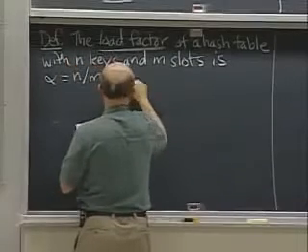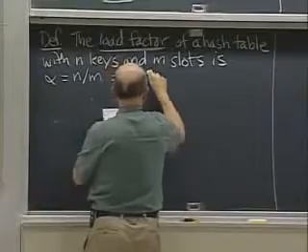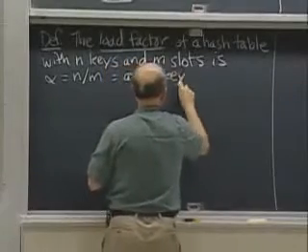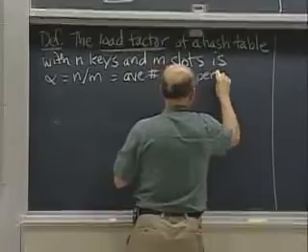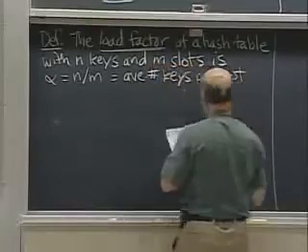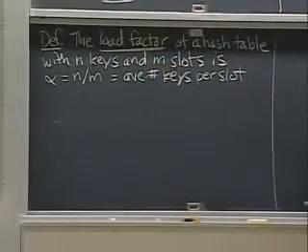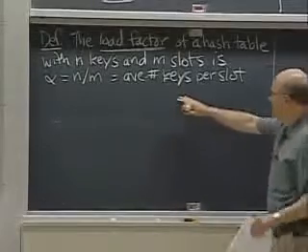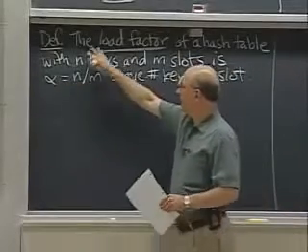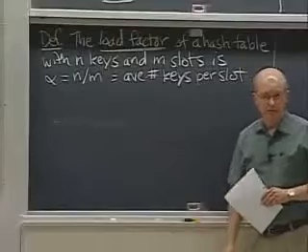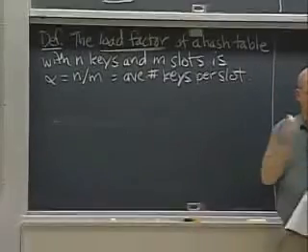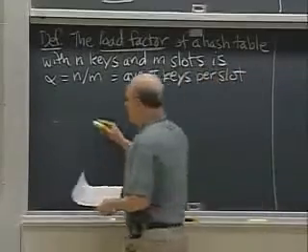Which is also, if you think about it, just the average number of keys per slot. So alpha is the average number of keys per slot, and we call it the load factor of the table. How many keys do I have on average?